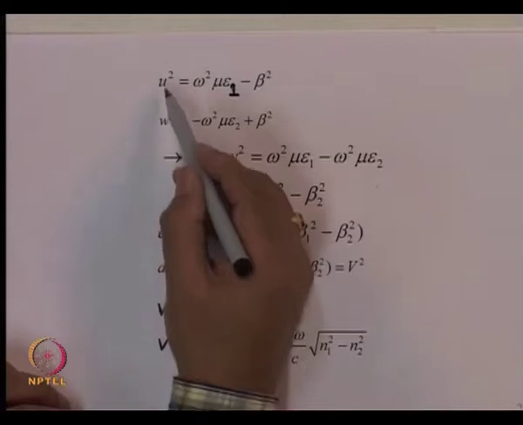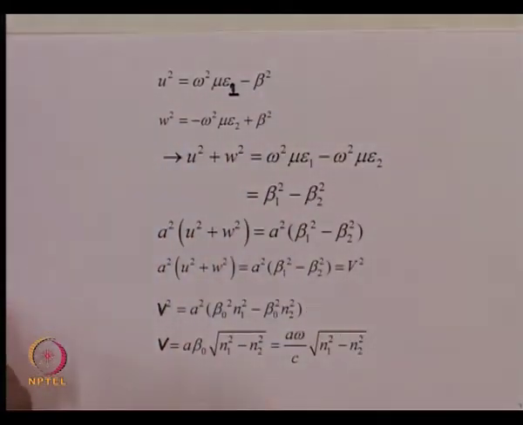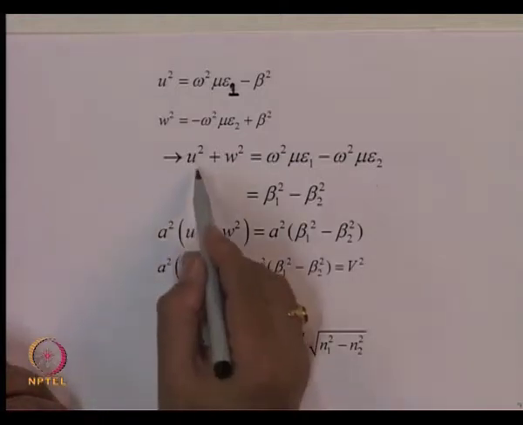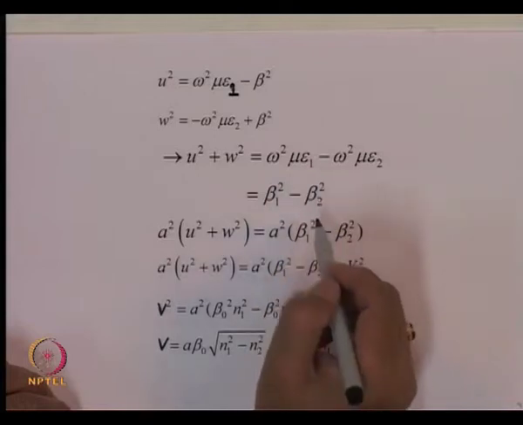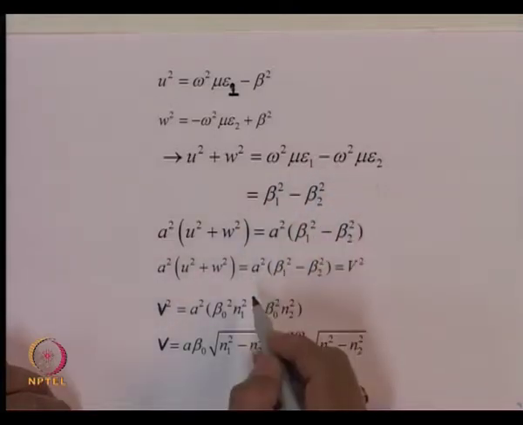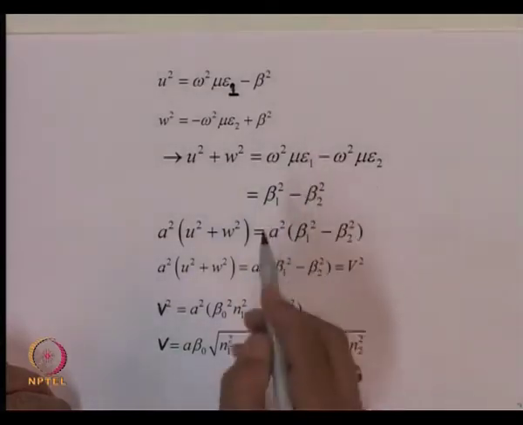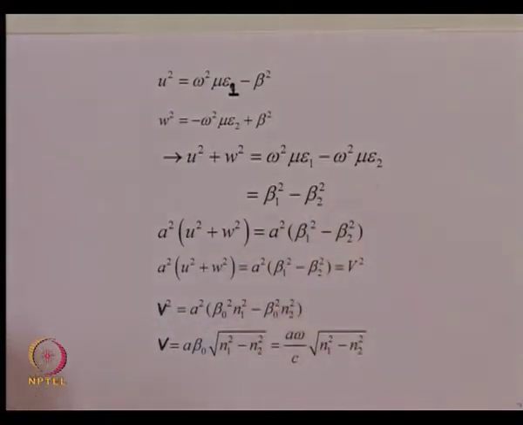You find that the sum of these two quantities is independent of beta. So u square plus w square is nothing but omega square mu epsilon 1 minus omega square mu epsilon 2, and this quantity, as we know, is beta 1 square. So this is beta 1 square minus beta 2 square.